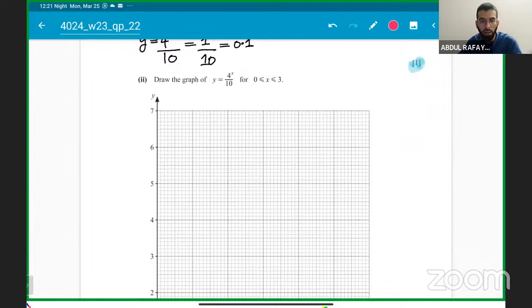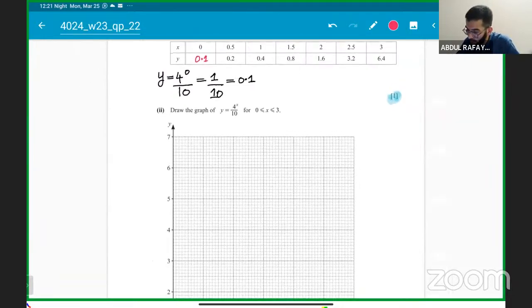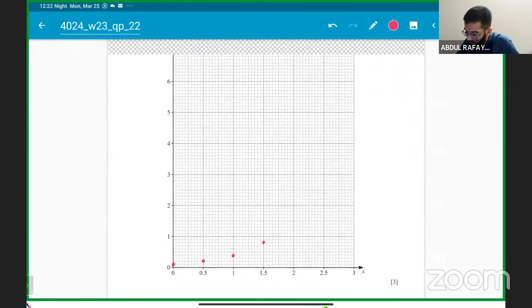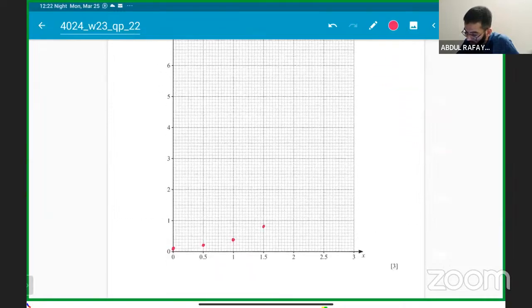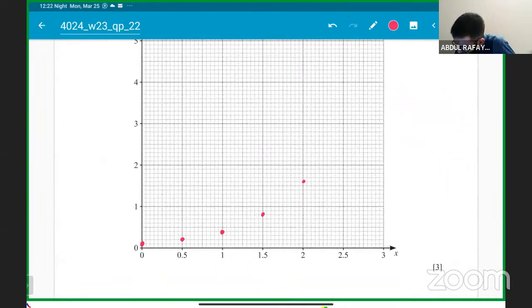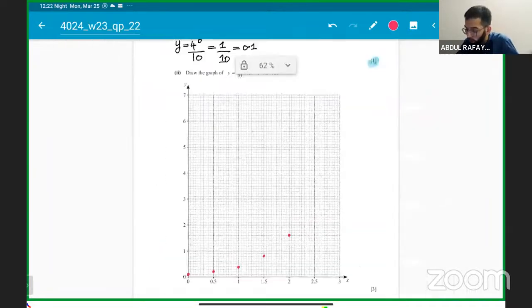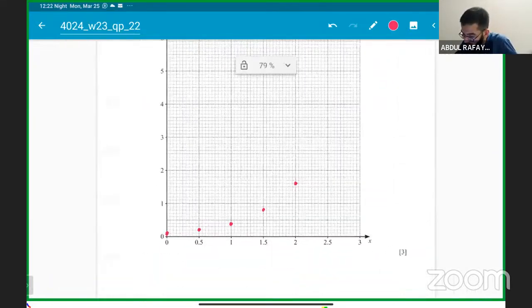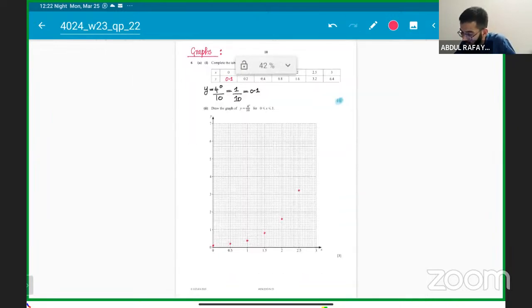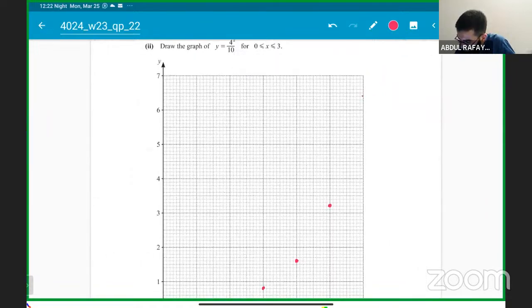The question will be done in pencil only. At 1.5, it is 0.8, and at 2, it is 1.6. And then at 2.5, it will be 3.2, and at 3 it is 6.4.